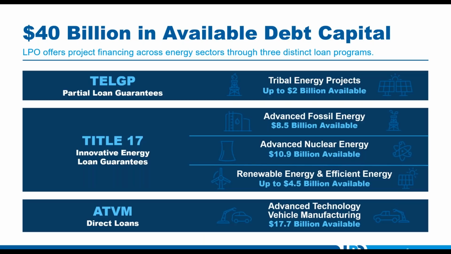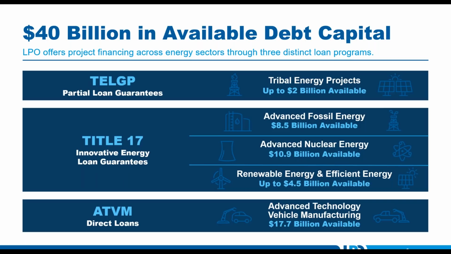So as I mentioned, we have several different programs that we administer that help tribes access capital for tribal energy projects. The one here that is spelled out very clearly for tribes is our Tribal Energy Loan Guarantee Program. That program is one where we work in partnership with banks.